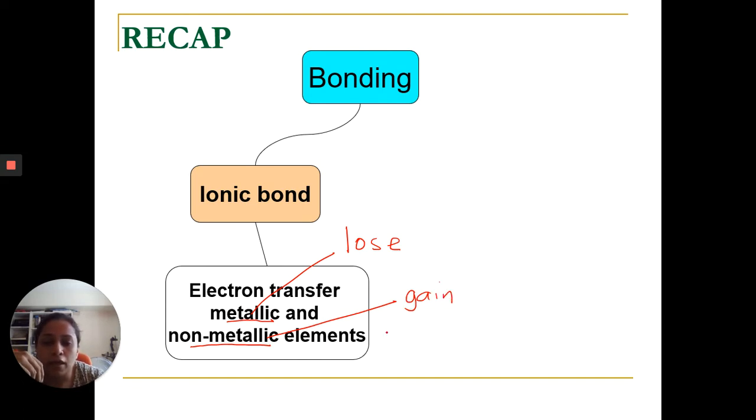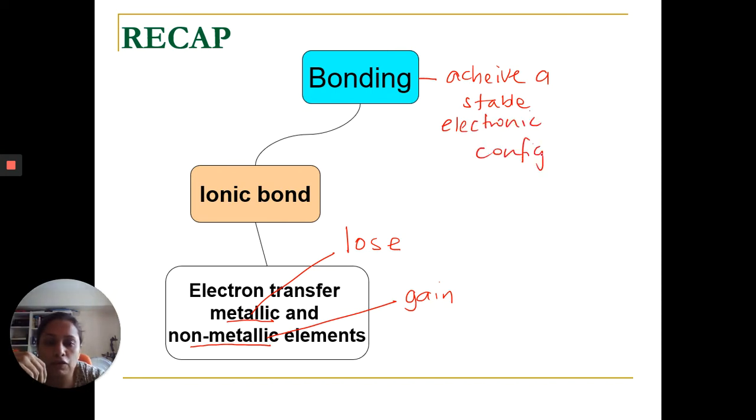And what is the purpose of forming bond? It is to achieve a stable electronic configuration. Or you can also say noble gas configuration, but it's the same.